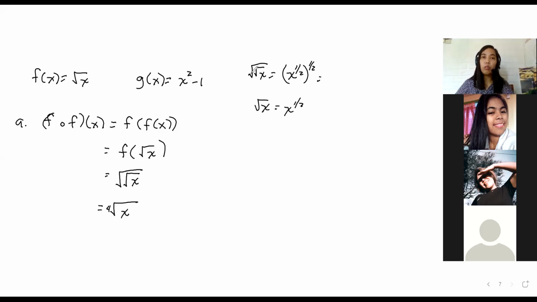Okay, so square root of x, that is also equal to this one. And for the law of exponent, we just need to multiply the power by power. So 1/2 times 1/2, that is 1/4. And this is the 4th root of x. So that's why it's 4th root of x.